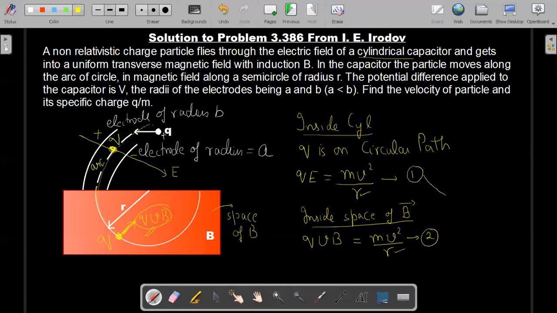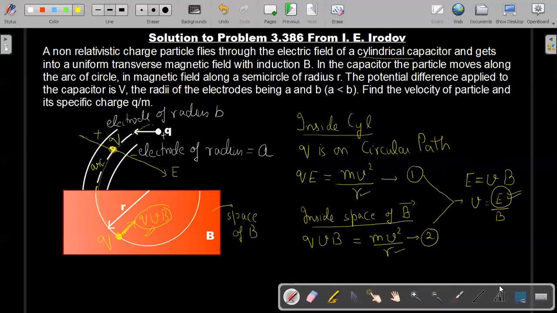So from these two equations, you can say that the electric field E equals V into B. And therefore this speed V will be the ratio of electric field to the magnetic field. Now the only target in this question is to find the value of the electric field. Now we are left with the calculation of the electric field, right?